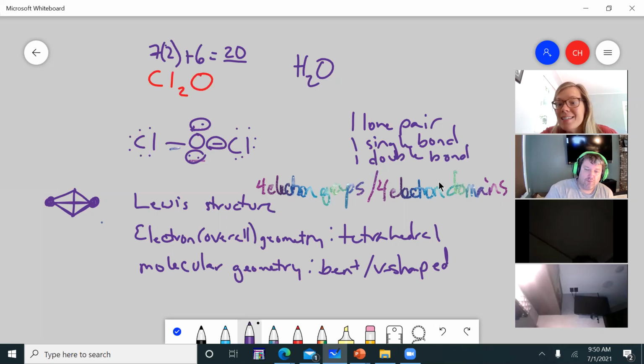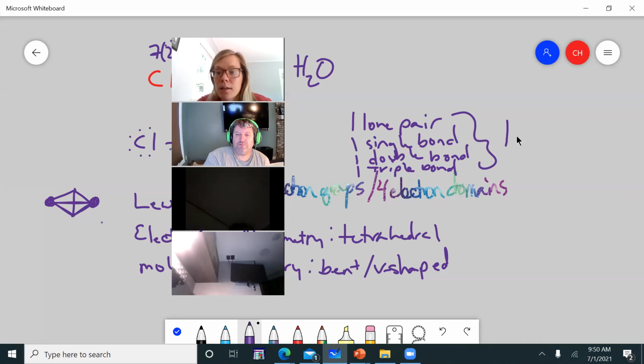A double bond is not considered two electron groups. A double bond is considered a single electron group because the double bond is sealed off on both sides. So that double bond can't split open to spread itself out. It's a unit. Also, one triple bond is classified as one. All of these things are considered one electron group.